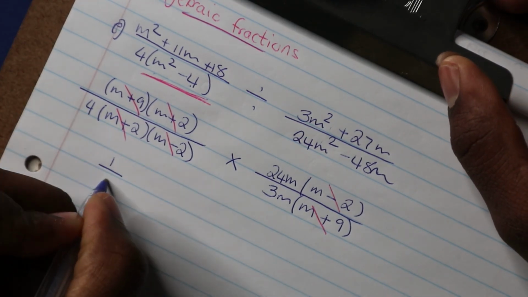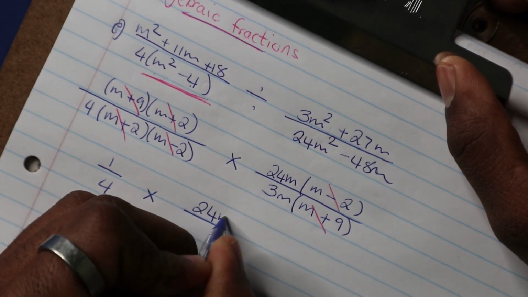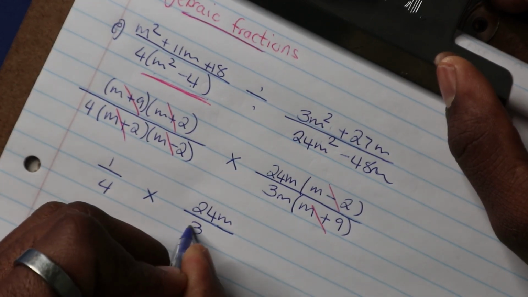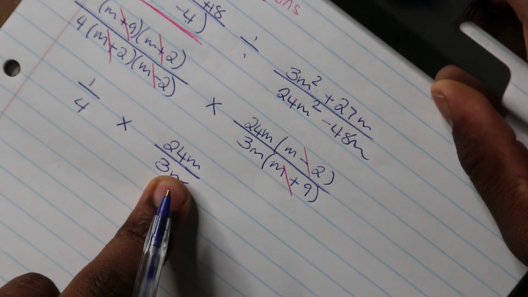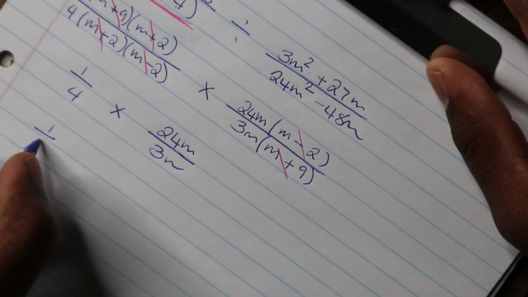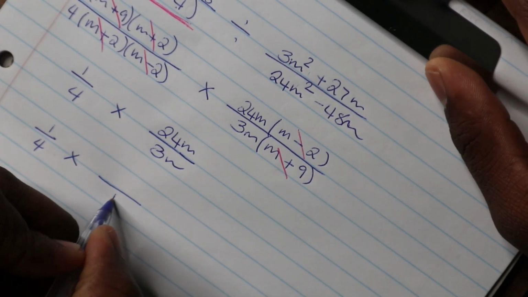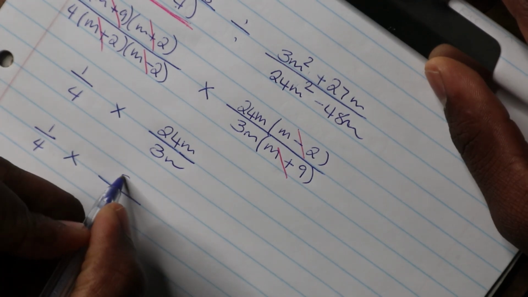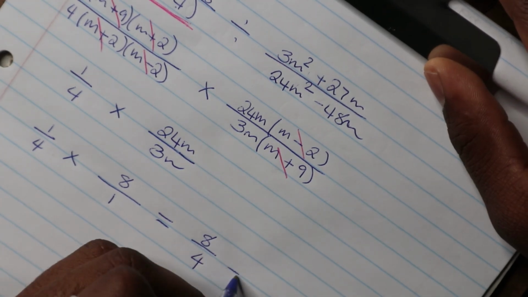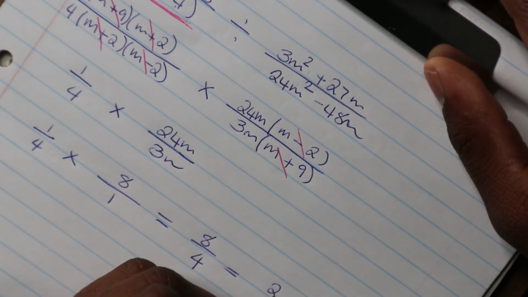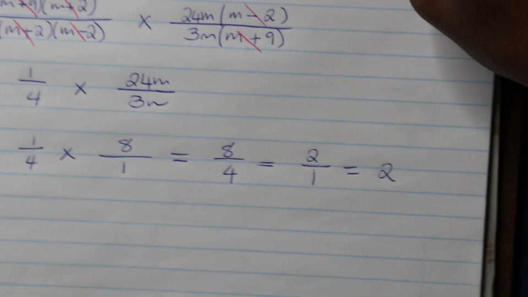So what are we going to have? We're going to have 1 over 4 times 24m over 3m. This can be simplified further. 3m goes into itself once and goes into 24m 8 times, so this is going to be 8 over 4, which simplifies to 2 over 1, which is 2.